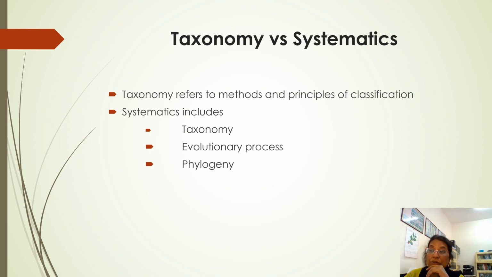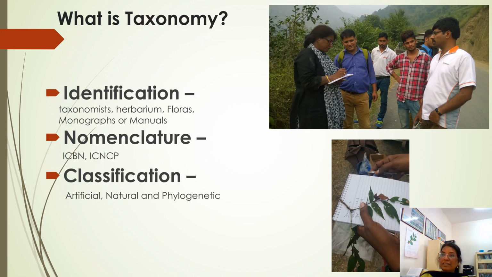It deals with understanding the evolutionary history of the plant species. Taxonomy is the science of naming, describing, and classifying the plants of the world. Taxonomists identify, describe, and arrange the species into classification, including those that are new to science.